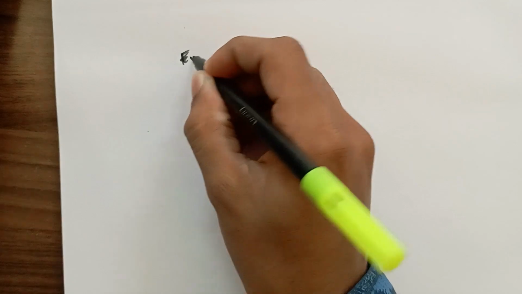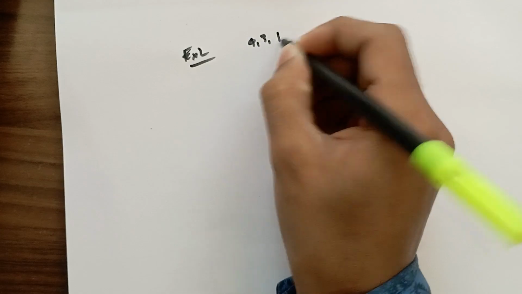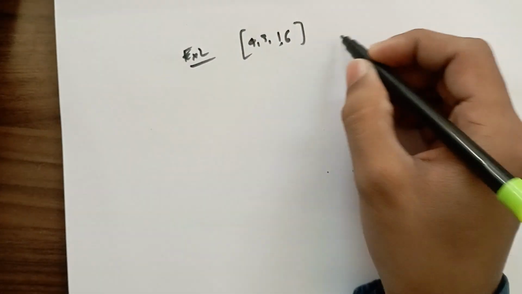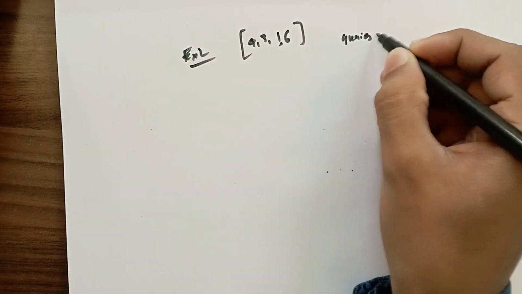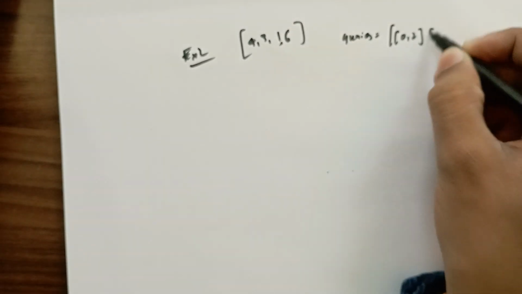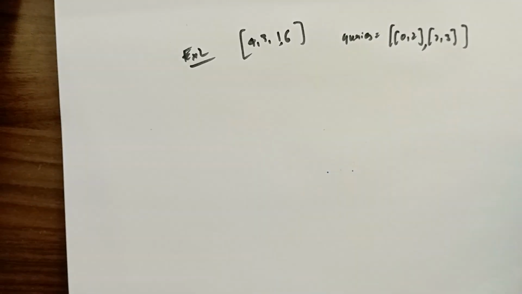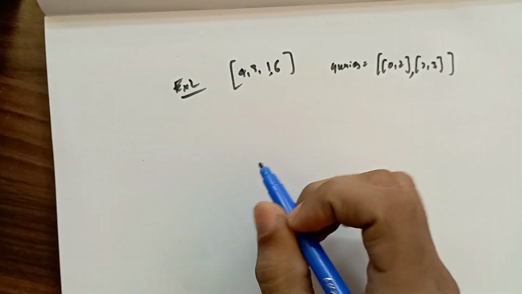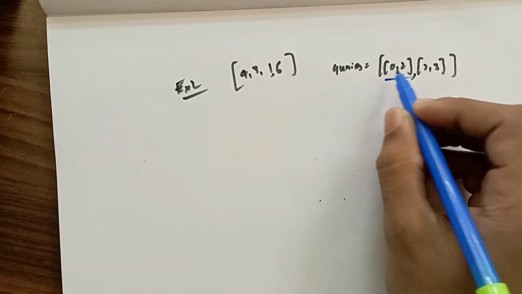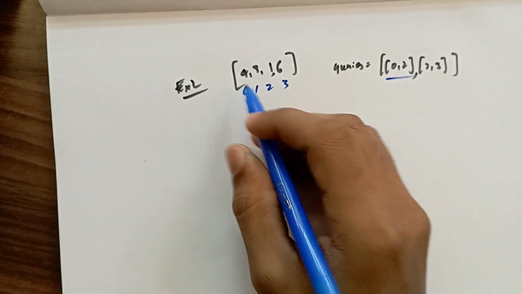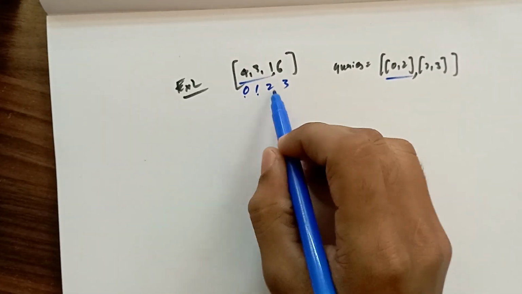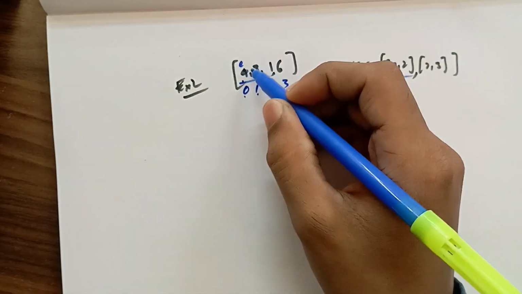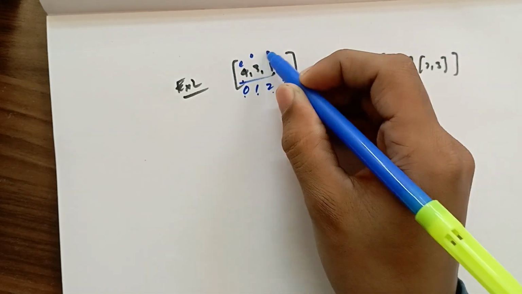Let us go with another example, example 2: 4 3 1 6. The queries which are given are 0 comma 2 and 2 comma 3. Let us check the subarray for 0 to 2, indices 0 1 2: 4 is even, 3 is odd, 1 is also odd.